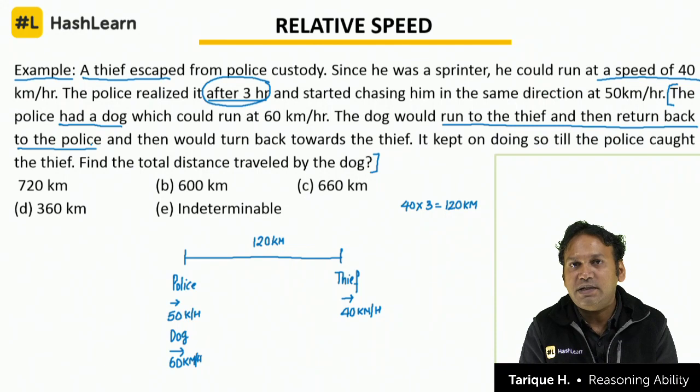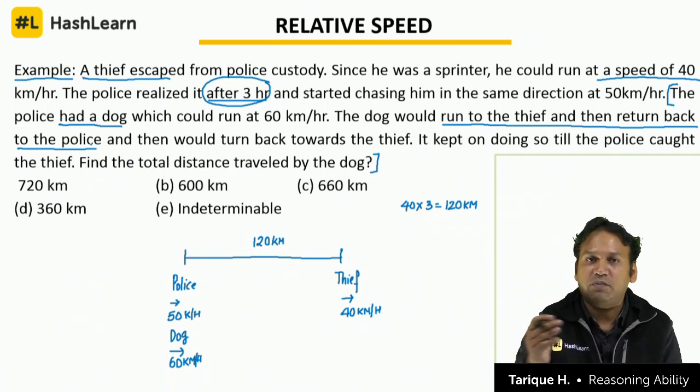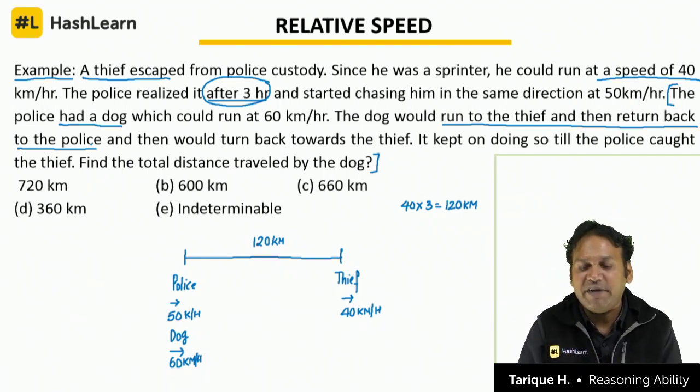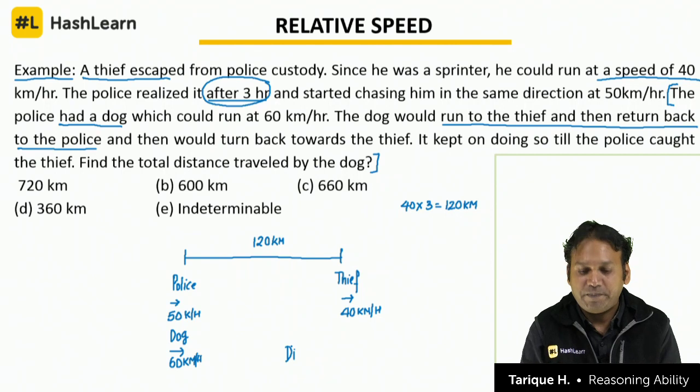So what is the distance covered by the dog? If you start thinking about how much distance the dog has run towards the thief, then how much distance the dog has run towards the police, and we keep on calculating, it will be very time taking. Let's first understand. Distance is equal to speed into time.